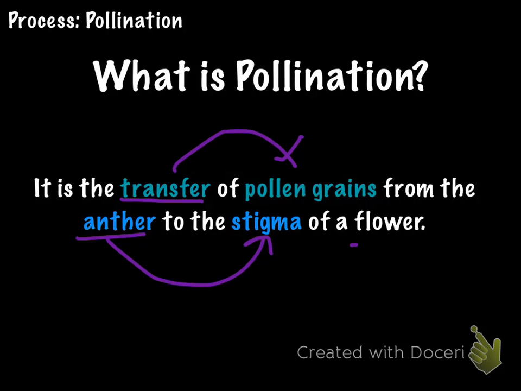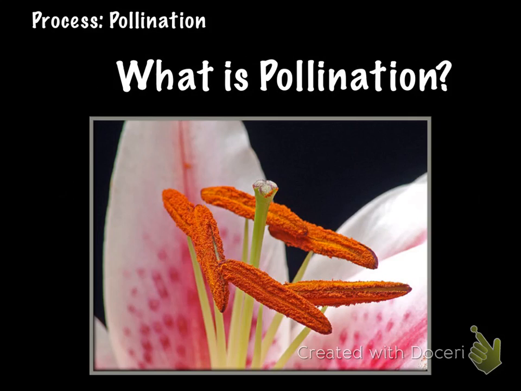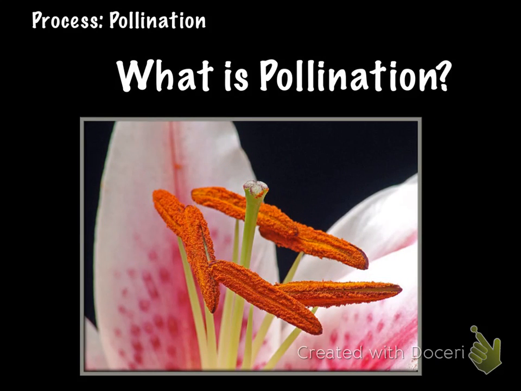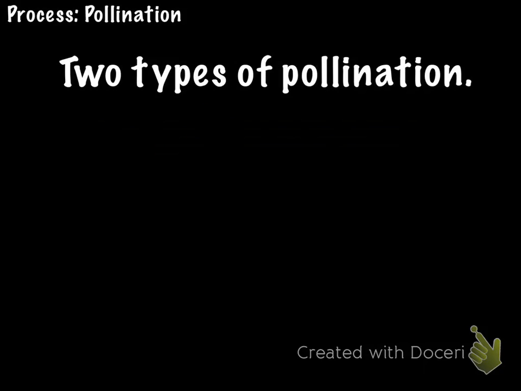Of what? Of a flower. So this is what we call pollination. Now, let us take a look. We have the anther and we have the stigma. The anther produces pollen grains, right? So the pollen grains are transferred to the stigma. Can you see that? Now, there are two types of pollination. Can you guess what they are?